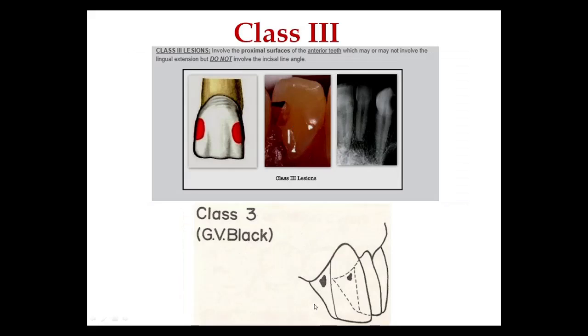Class number 3 involves the proximal surfaces of anterior teeth, incisors and canines, which may or may not involve the lingual extension but don't involve the incisal angle. The angle is not involved in the process, just mesial and distal surfaces. Class number 3.